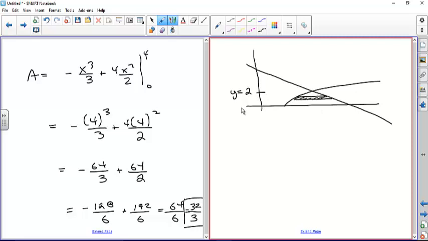So the limits are going to be from y equals 0 to y equals 2. Because I'm integrating with respect to y, I have to rewrite the two equations in terms of x as a function of y. So you'd square both sides and then solve for x. So you get x equals y squared plus 1. And that's this curve.